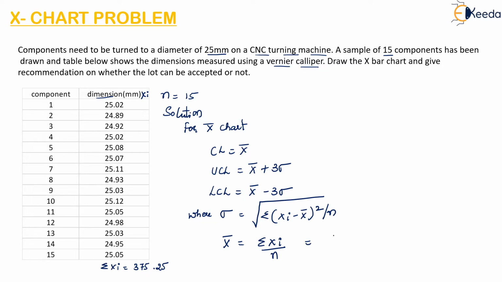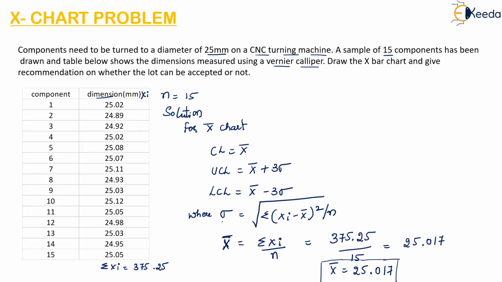So 375.25 divided by n, which is 15, gives 25.017. So X bar is equal to 25.017. So we have got the X bar value.